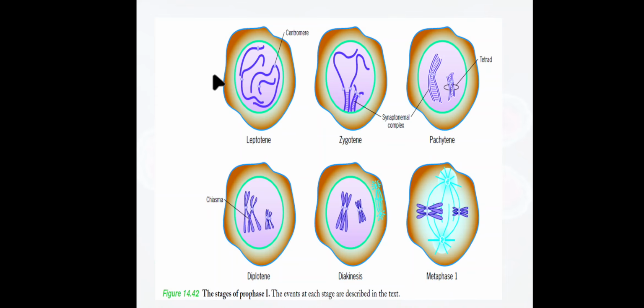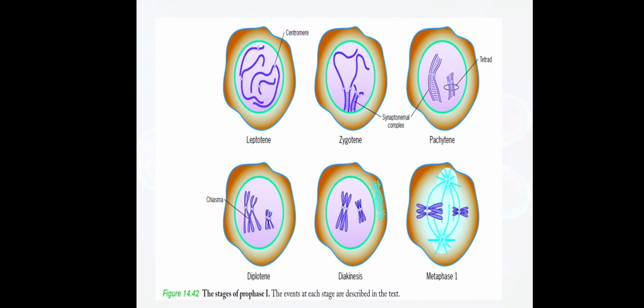The chromosomes are thin here. Zygotene is where synapsis, or intimate pairing, is happening between two homologous chromosomes. Here there is intimate pairing with one major protein structure, the synaptonemal complex. It is a zipper-like structure.